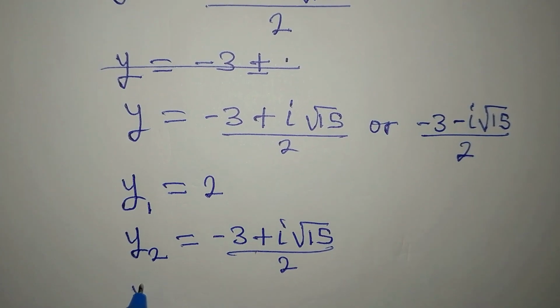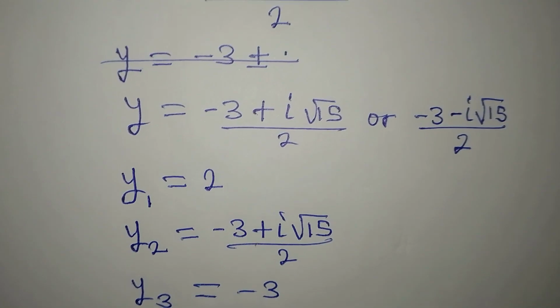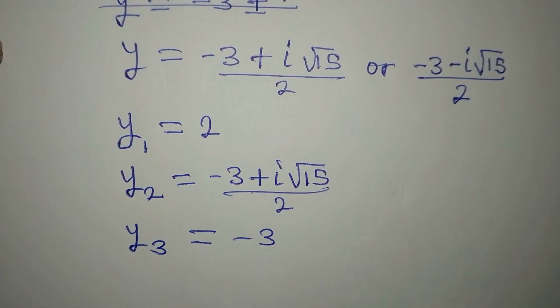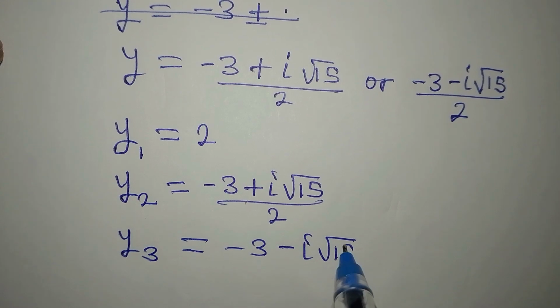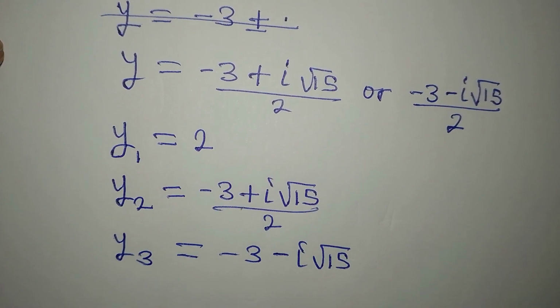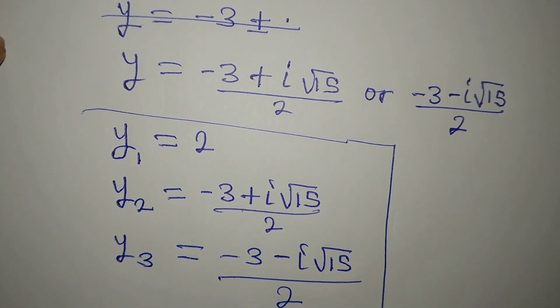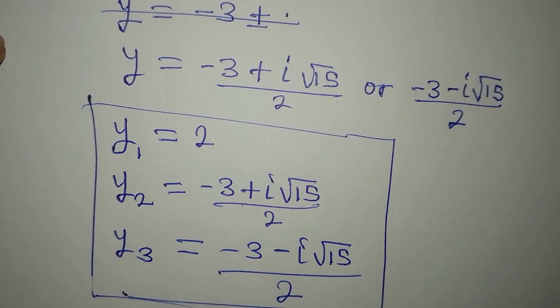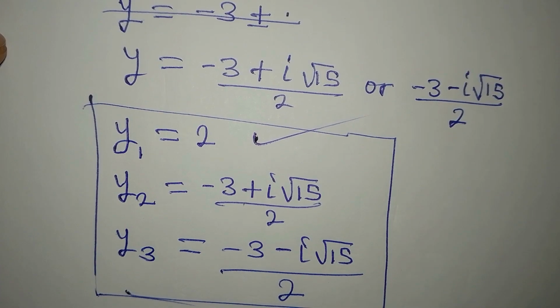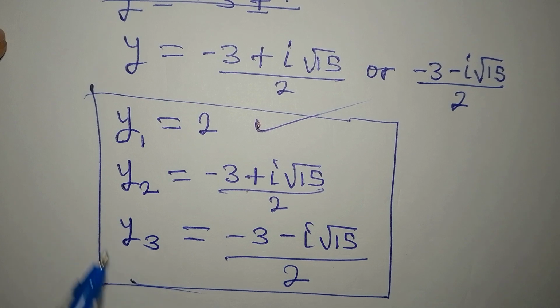Then we have our y3, which is minus 3 minus i root 15, then we divide what we have by 2. So these are the three solutions to the equation. If you are instructed to find only the real solution, then you stop at this. But if you are to solve it completely, you will get your y2 and y3.